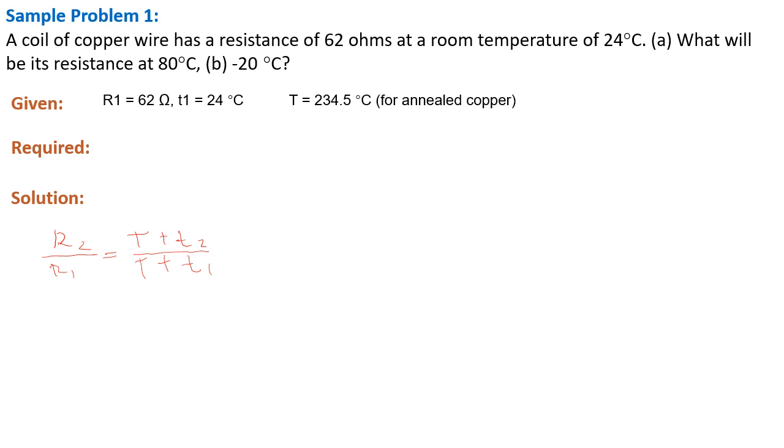Right. Now, we have R1, we have T1, we have also the inferred absolute temperature, capital T. So we are asked to solve for, in letter A, R2 when your T2 is equal to, of course, 80 degrees Celsius, right?